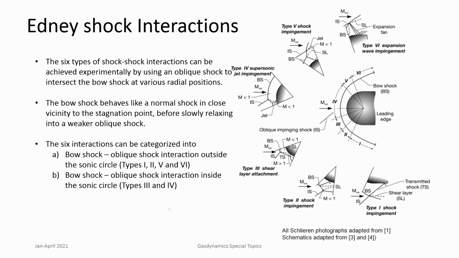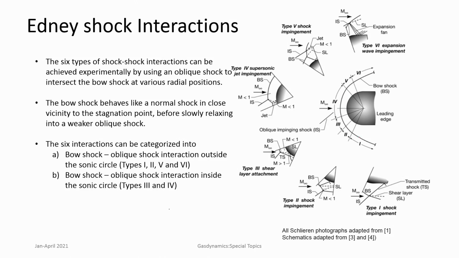He carried out a set of studies, and after those studies he was able to classify the different shock interactions into 6 kinds, and he studied the interaction of a bow shock ahead of a blunt body. This bow shock is an ideal candidate because it has various regions where the shocks have different strength.